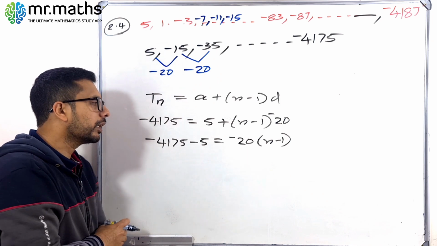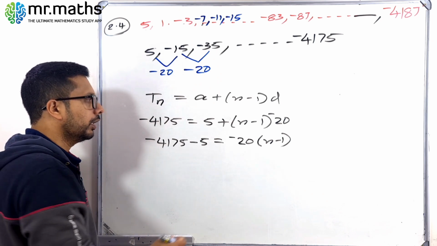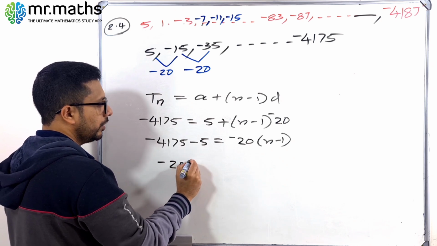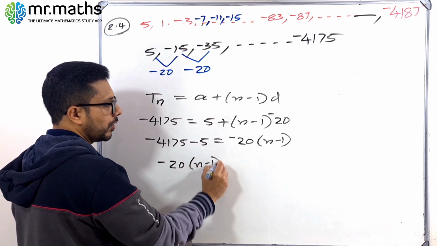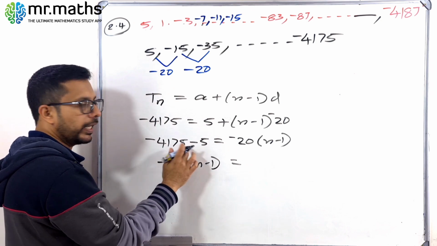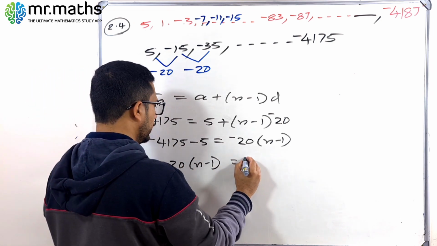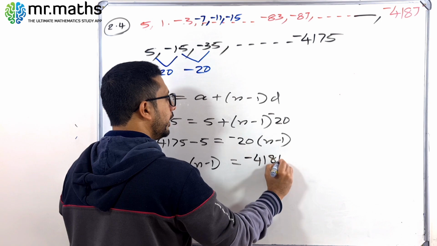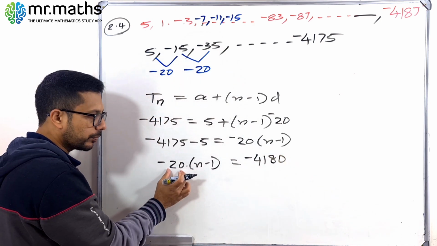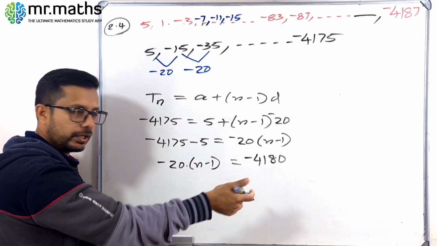Okay, so minus 20 into n minus 1 is equal to, what is the answer of this one? Minus 4180. Check in your calculator, minus 4180. Here it is multiplication, so if I want to take this minus 20 to the other side, it is division.